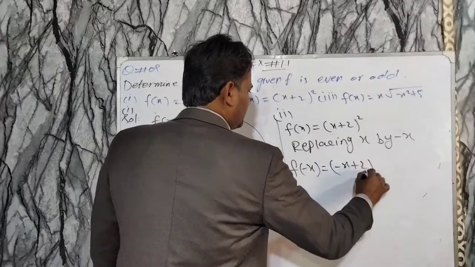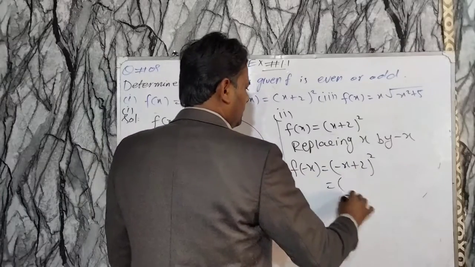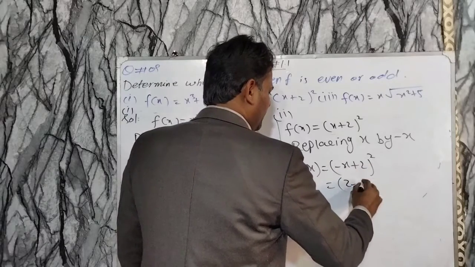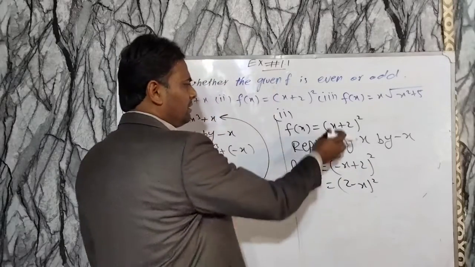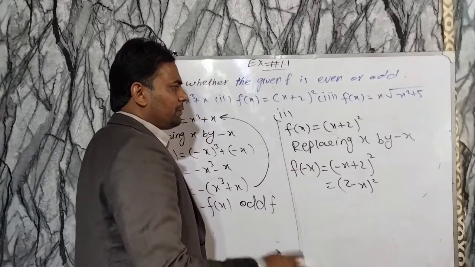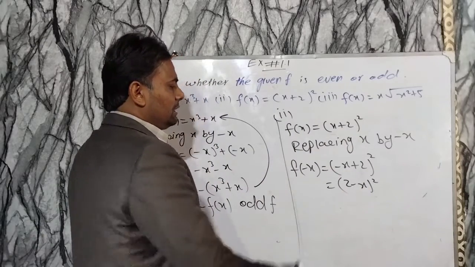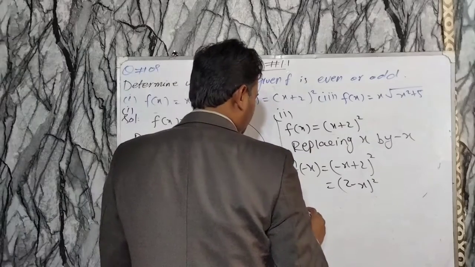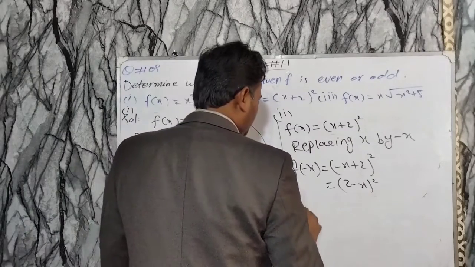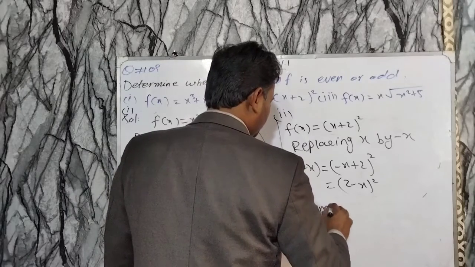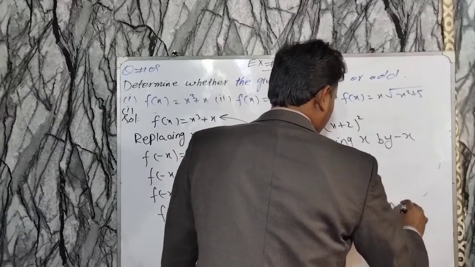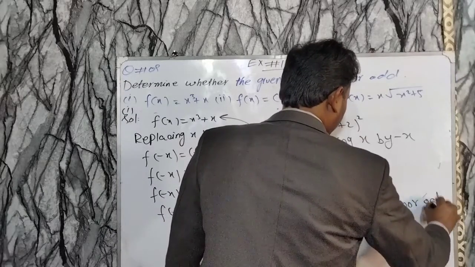After replacing x by negative x, this will not change: 2 minus x whole square. Now look at this one. This is totally changed. We don't have our first form of the given function. In this form, we can say this function is neither even nor odd.